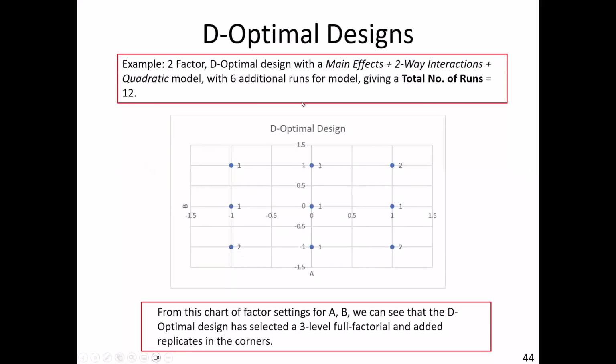And here's what happens in a simple case of 2 factors with a main effects plus 2-way interaction plus quadratic model. 6 additional runs are given, for a total number of runs equal to 12. The D-optimal picked the 9 points, so it's a 3-level design, plus it assigned a replicate here, a replicate here, and a replicate here. So it's using the corner points to get better estimates of the regression coefficients. That's what happened in this D-optimal design.